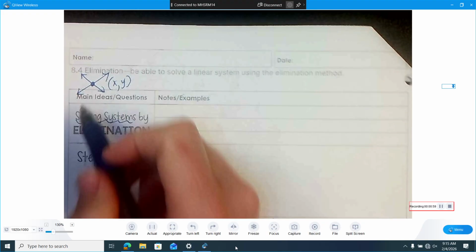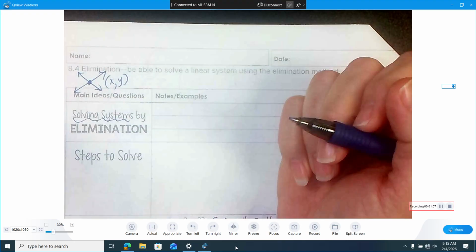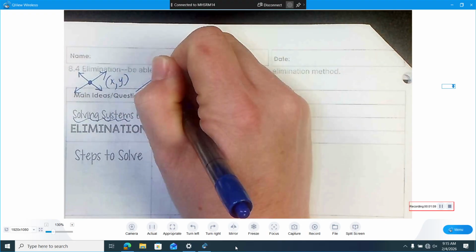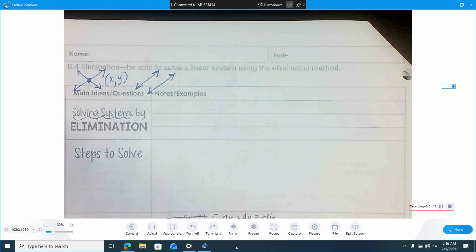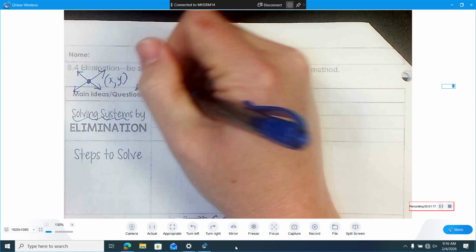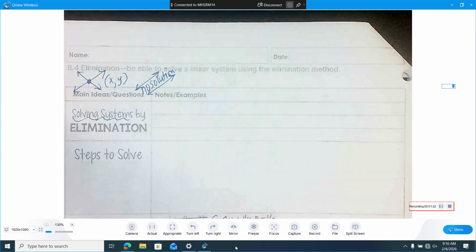What else can happen with our pair of lines? Do they always intersect? No, they don't. Sometimes they are parallel, sure. And if we get parallel lines, what's the answer? No answer. There's no solution because of those parallel lines.